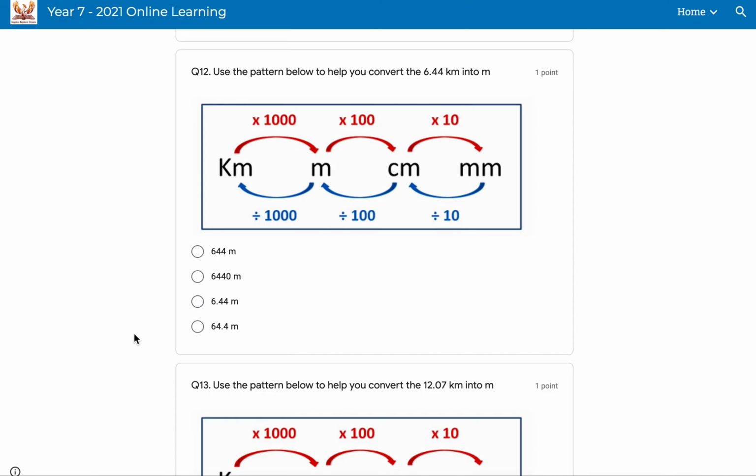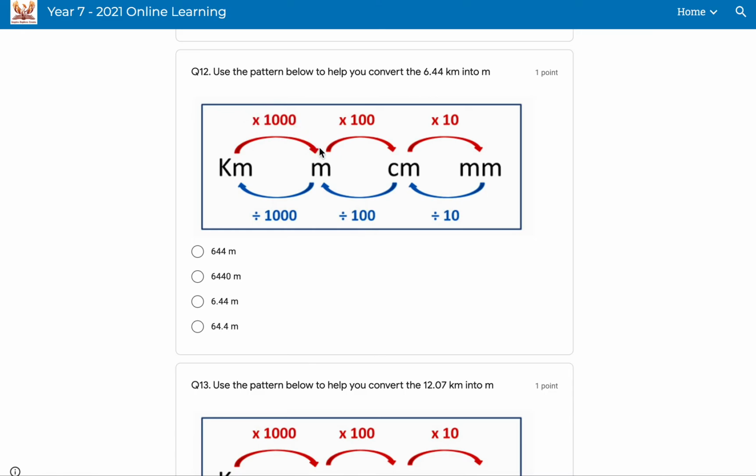Okay, use the pattern below to help you convert. This time we've got 6.44 kilometers into meters. Okay, so we need to go to our kilometers, which is over here, and we're going from kilometers to meters, which is here. So we need to use this conversion, which is multiplying by 1,000 this time.